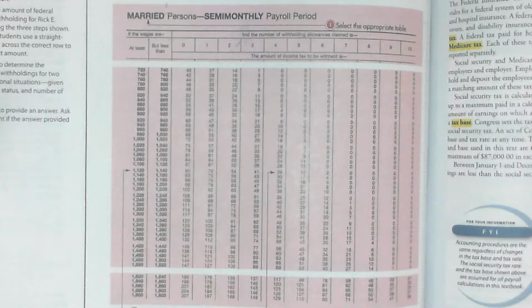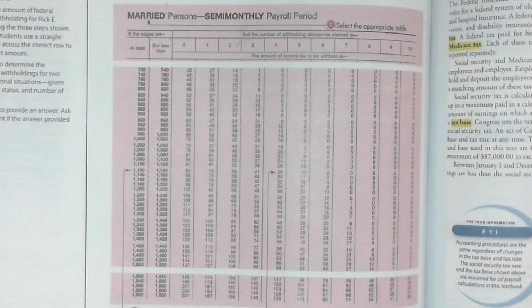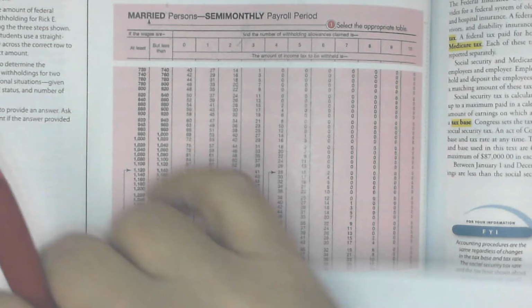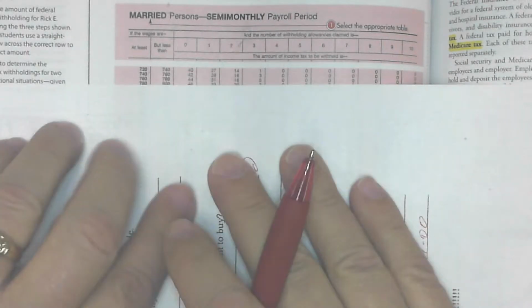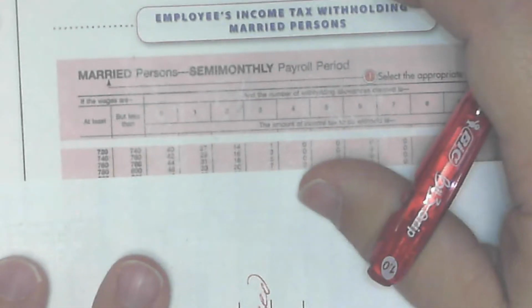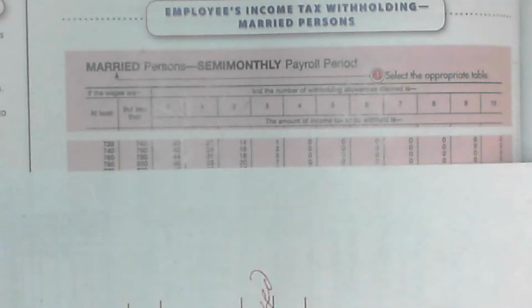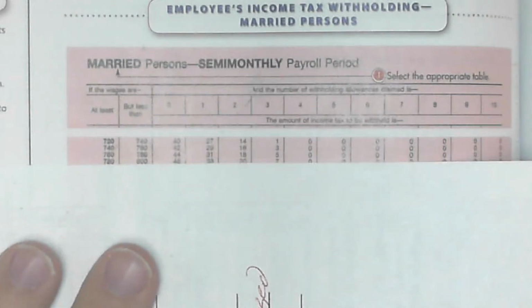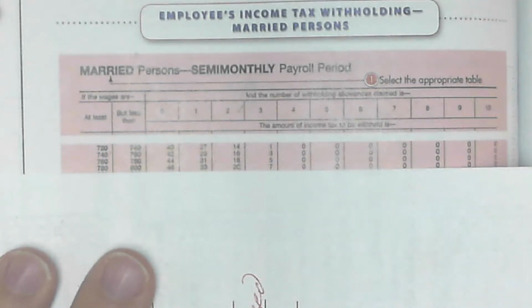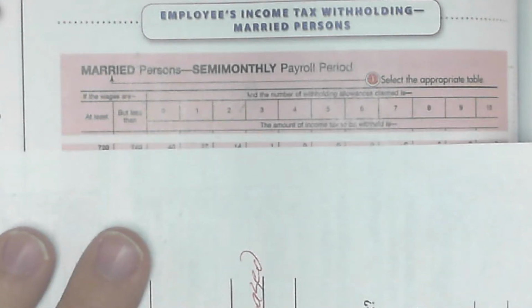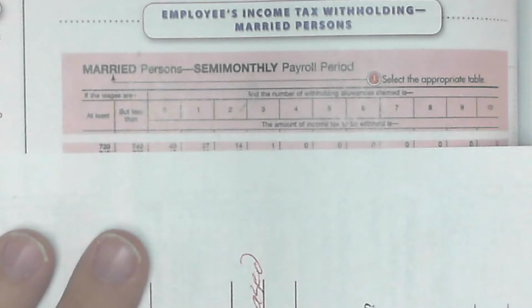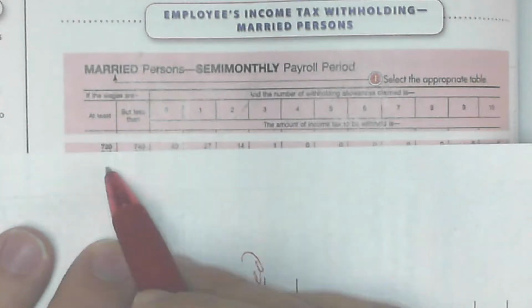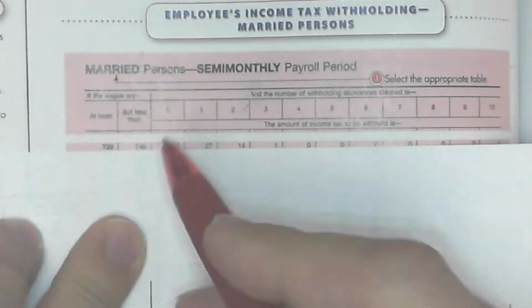So the one thing to watch out for, pay ranges, I'll zoom in. I know it's really hard, really terrible to see. I'll just start with the very top one. Top one said the pay range is 720 to 740.